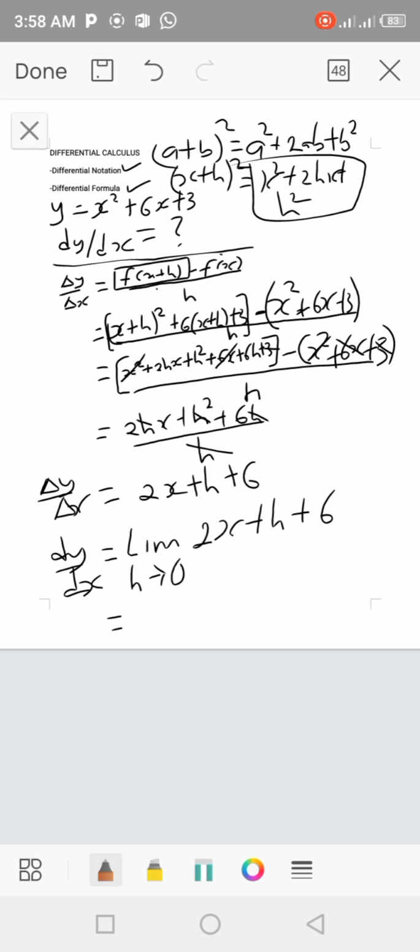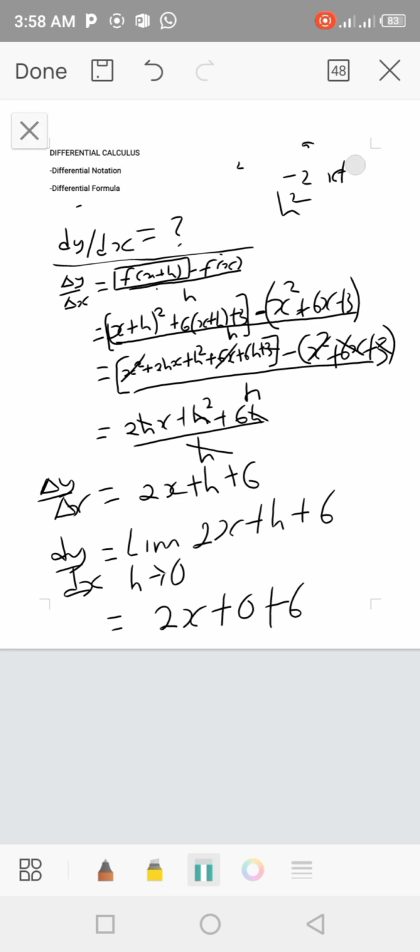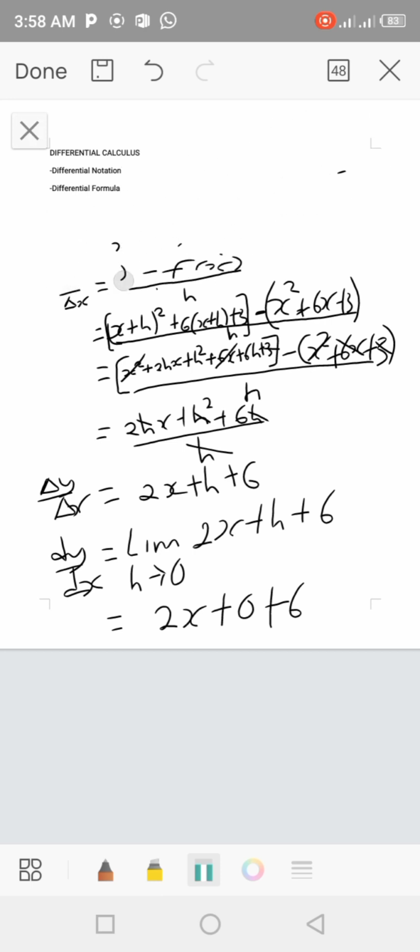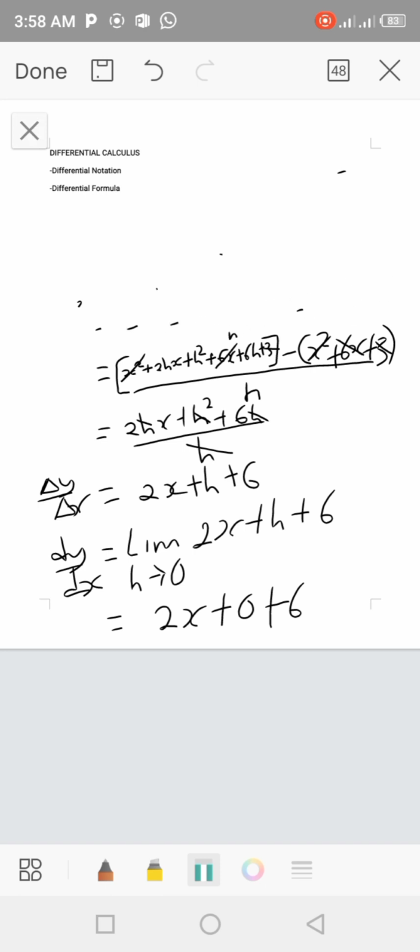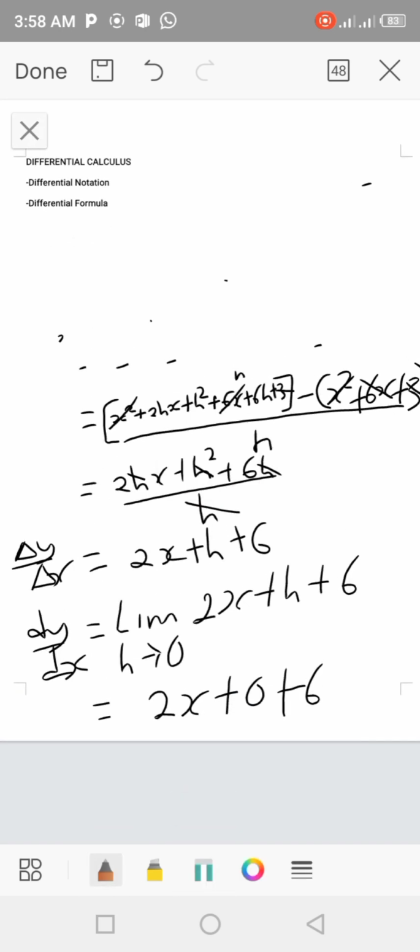That's going to be equal to 2x plus 0 plus 6. Now your final answer is dy/dx equal to 2x plus 6. That's the final answer.